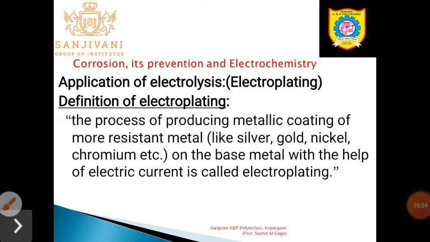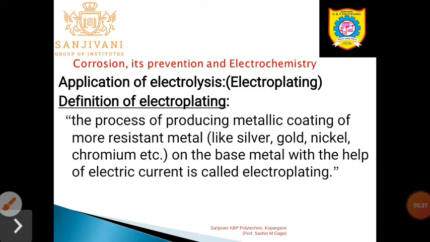So what is electroplating? Plating means coating of the metal onto the base metal or onto the article. Electro means electron, and the flow of electrons is nothing but the electrical current. By passing the electrical current we can coat the superior metal onto the inferior metal, that is your base metal.